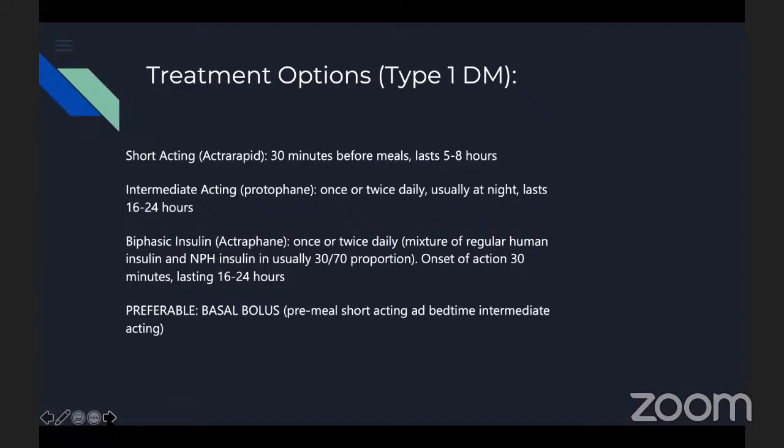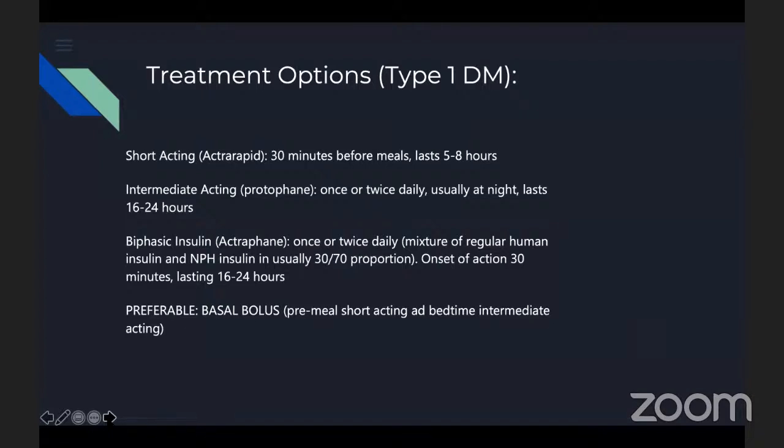Okay, so for treatment options in diabetes, just for time's sake, we'll only go into treatment for type 1 and type 2 diabetics. Type 1 diabetics, as we mentioned, don't start on oral agents, they require insulin. There are multiple options for insulin treatment, however the preferable and more commonly used one is basal bolus insulin.